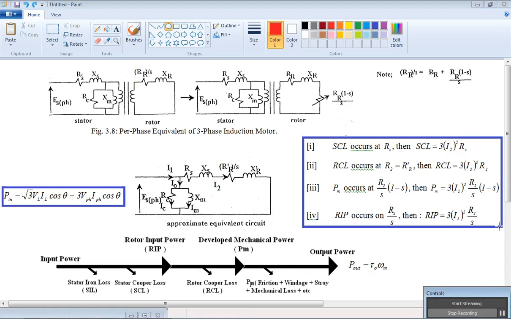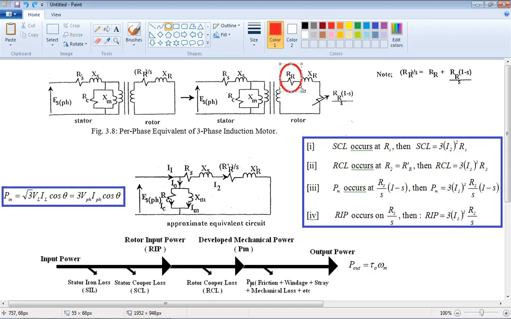After this power arrives at the rotor side, next it will face another loss, which is rotor copper loss. So the rotor copper loss will occur here. The equation is 3 I2 squared R2.